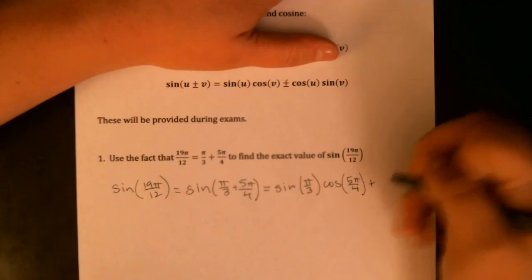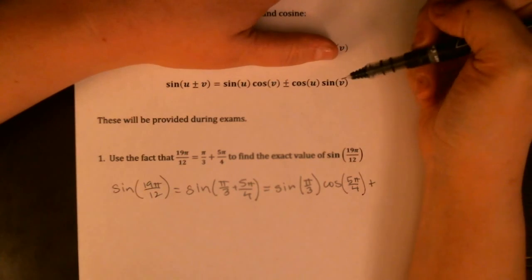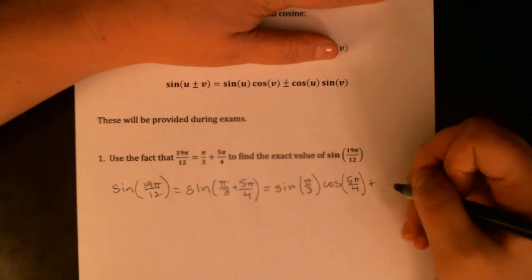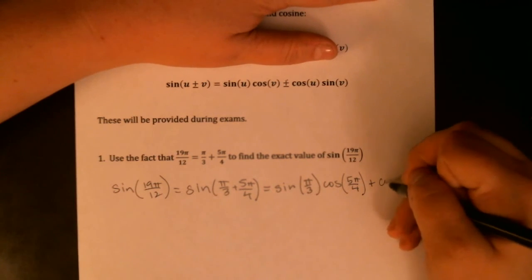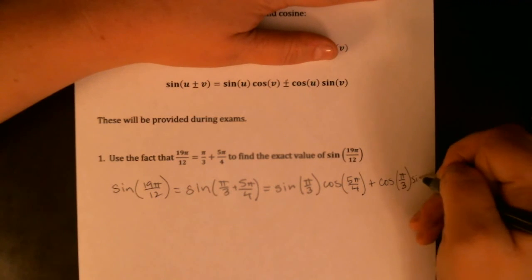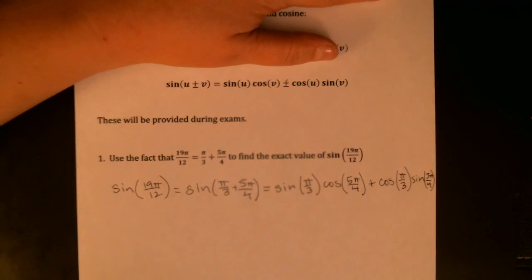And then for sine, it stays plus. On your cheat sheet, I have them all broken out separately, so if you're not loving this plus minus business, that is split up for you. And then we would need a cosine of the first angle times a sine of the second angle. 5 pi over 4. Okay.